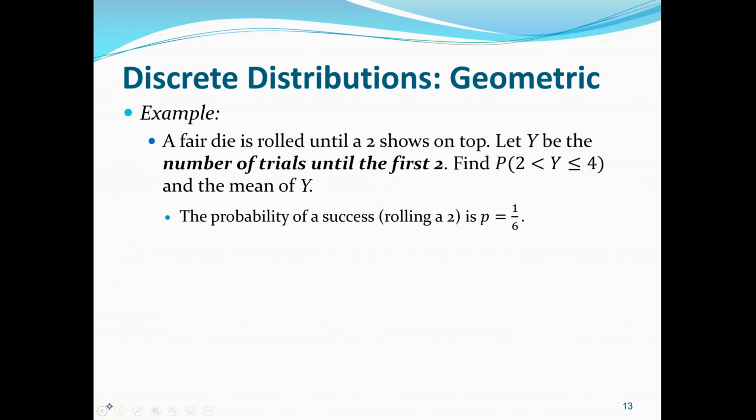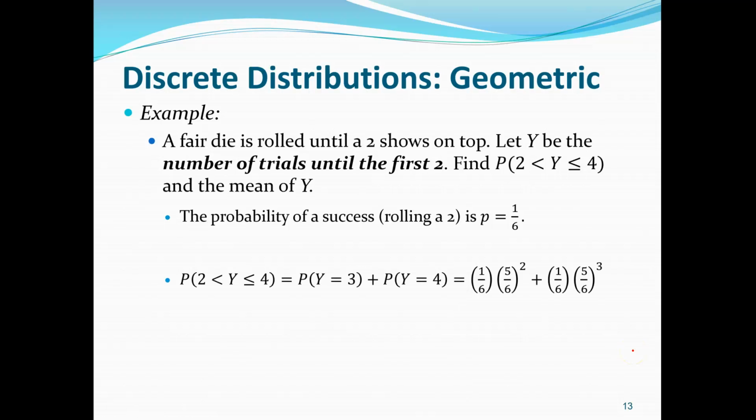We know that the probability of a success of rolling a 2 in this case is going to be 1 over 6. Well, what is the probability that the random variable is between 2 and 4? Remember, this is the number of trials until the first 2.